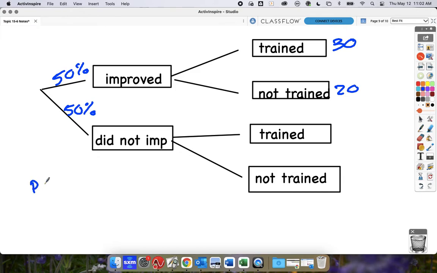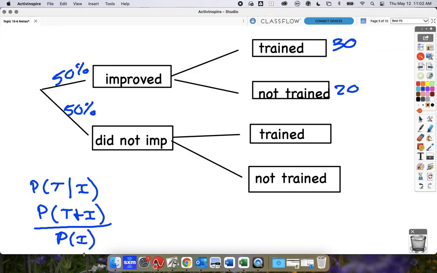So the probability that they trained given they improved is literally the probability that they trained and improved over the probability that they improved. What is it? 60%.